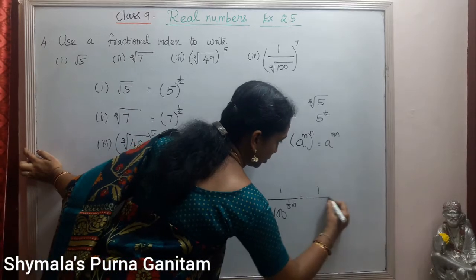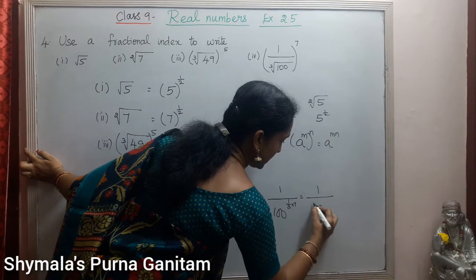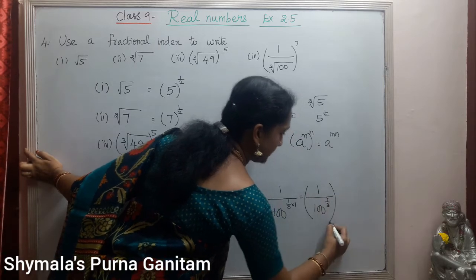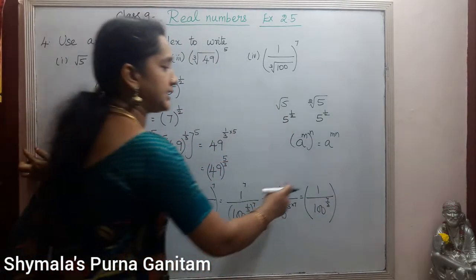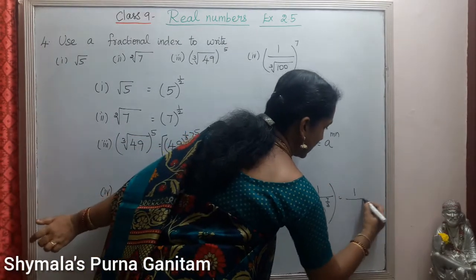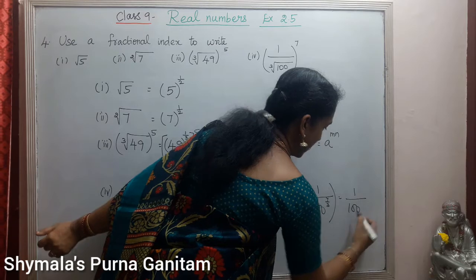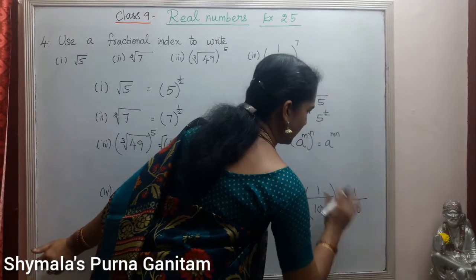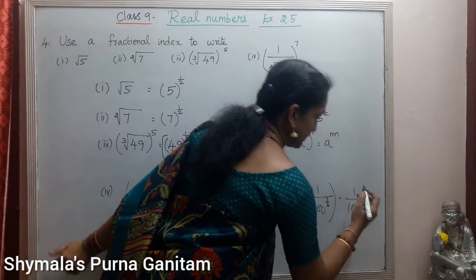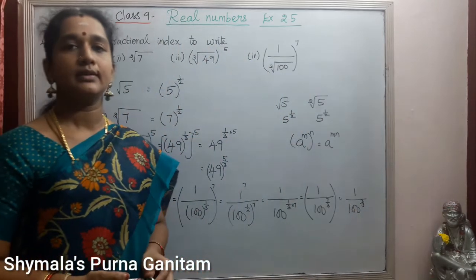So that is equal to 1 by 100 power 7 by 3. Since we are having 1 only in the numerator, we can leave this as it is, 1 by 100 power 7 by 3. This is the answer.